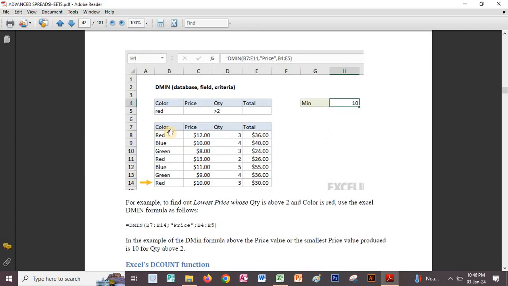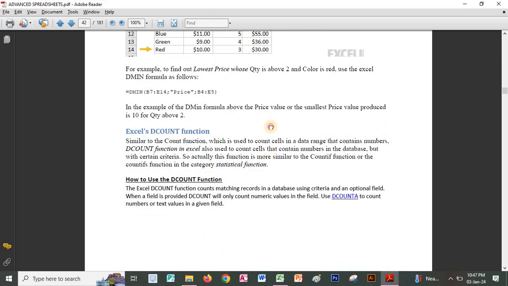We are matching out of this group B7 to B14 the prices, the ones from the criteria red and greater than 2, so only 2 that are red and greater than 2. Out of the 2, the minimum of them is 10, so it should return 10 there.